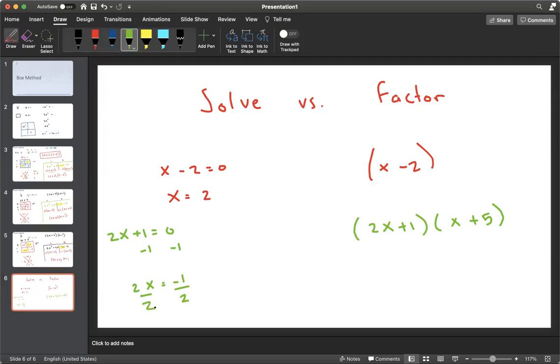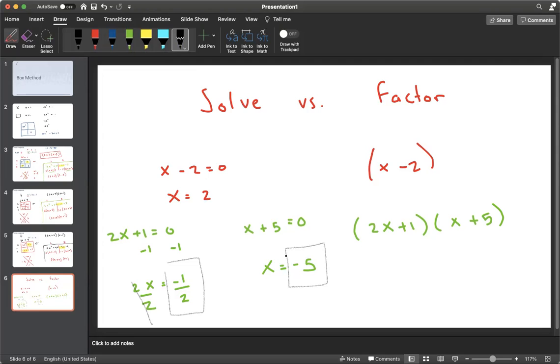Divide both sides by 2. And I get x is equal to a negative 1/2. And x plus 5 equals 0. Therefore, x is equal to a negative 5. So there's a difference between factor this expression or solve this equation, find my solutions.